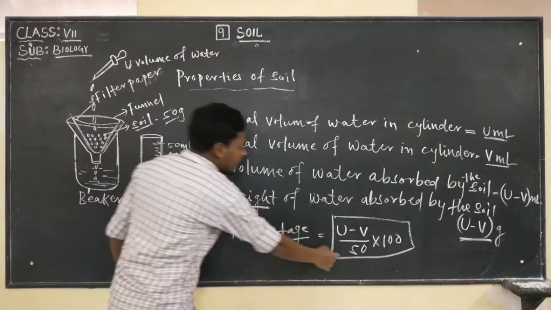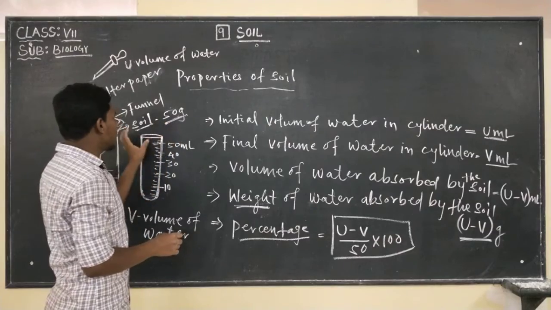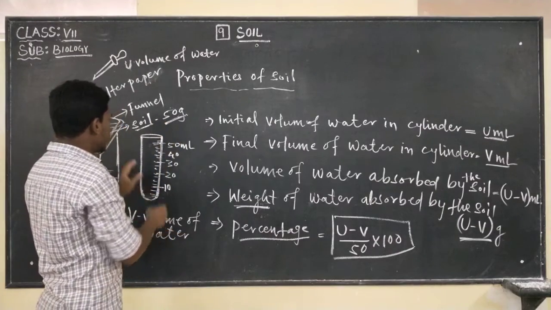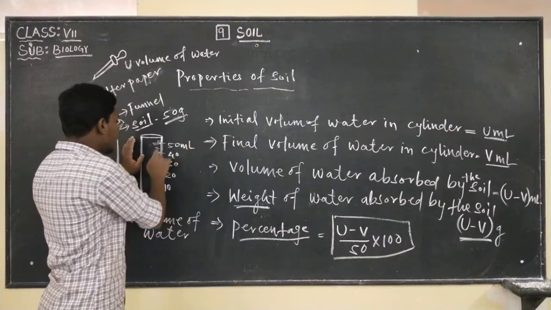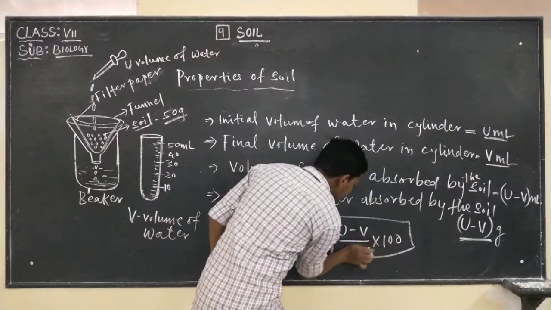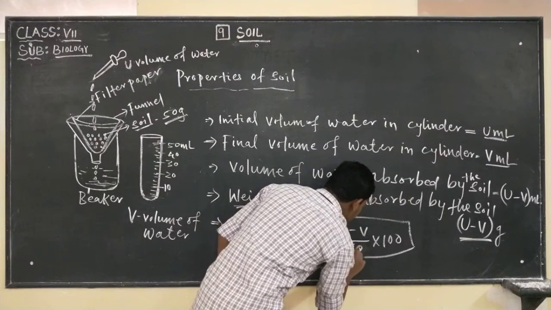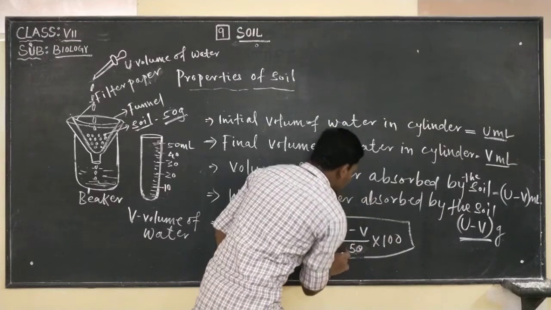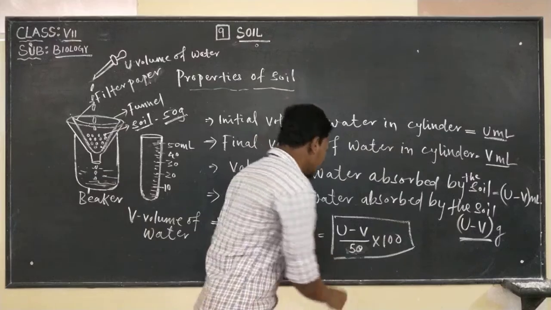Why 50? Because we have taken 50 gram of soil, and in the cylinder we have taken 50 ml of water. So U minus V by 50 into 100 is the formula.